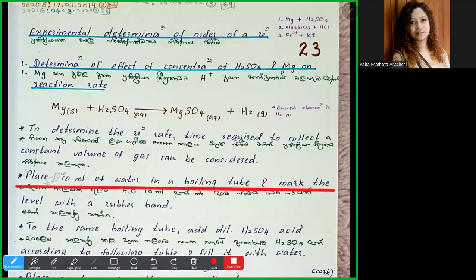Next point. Place 10 milliliters of water in a boiling tube and mark the level with a rubber band.